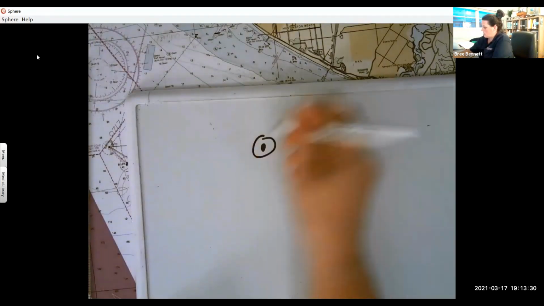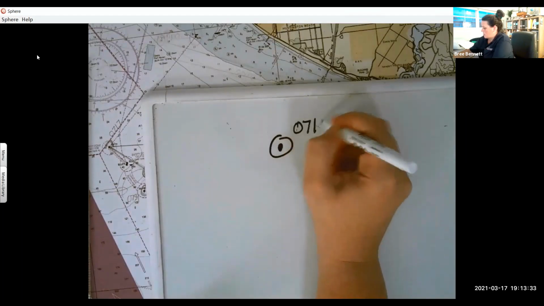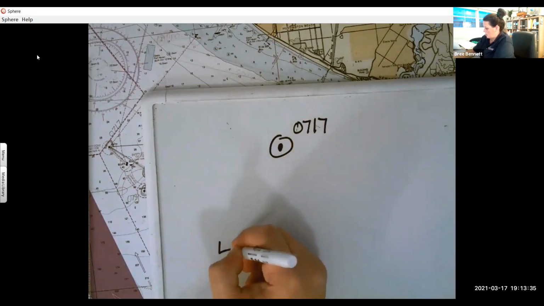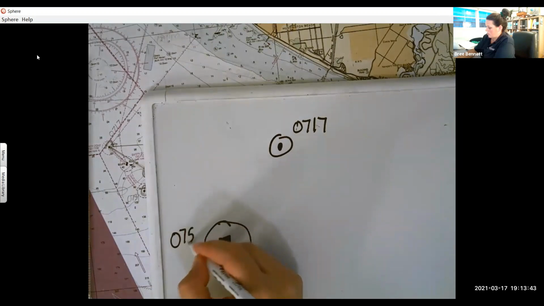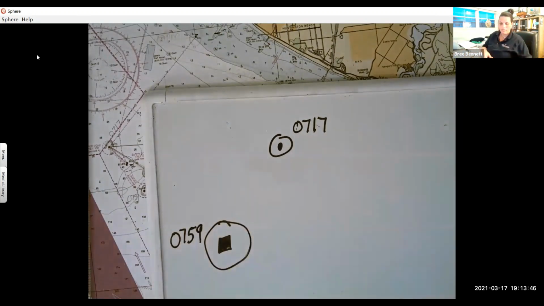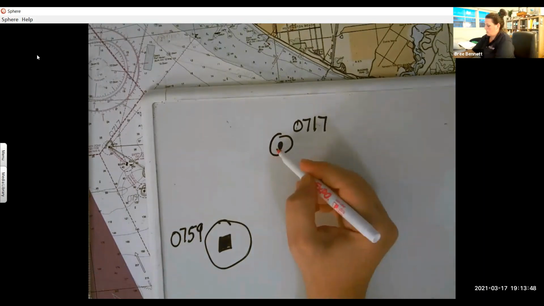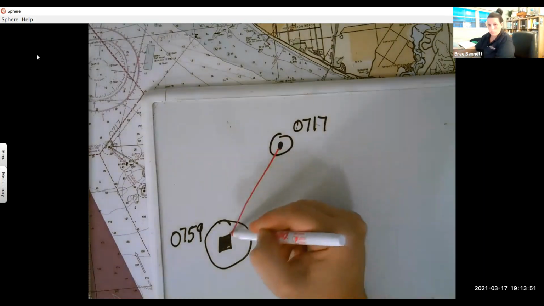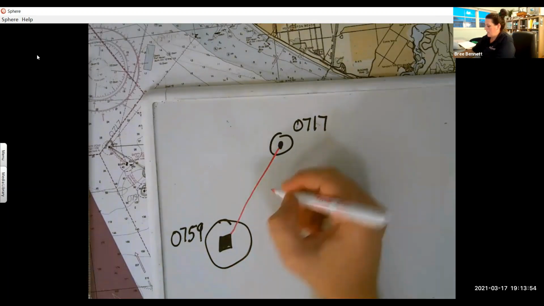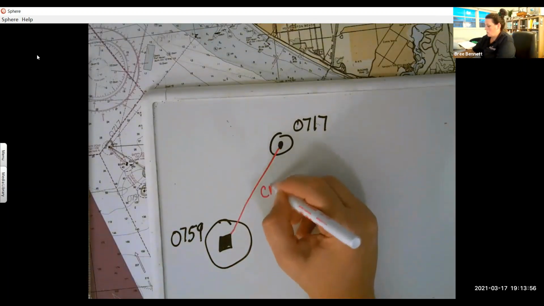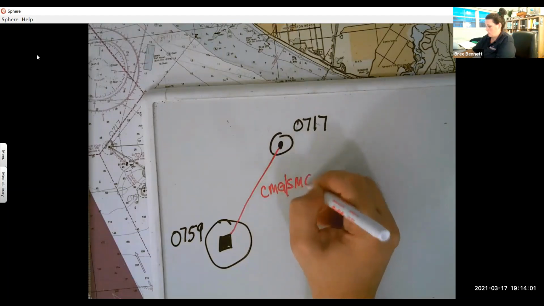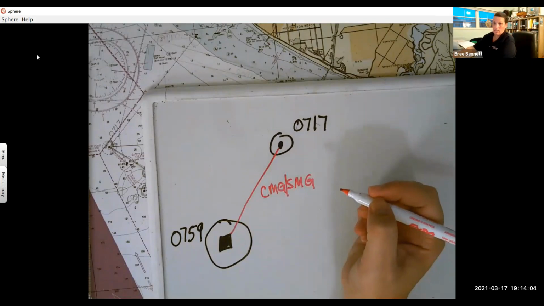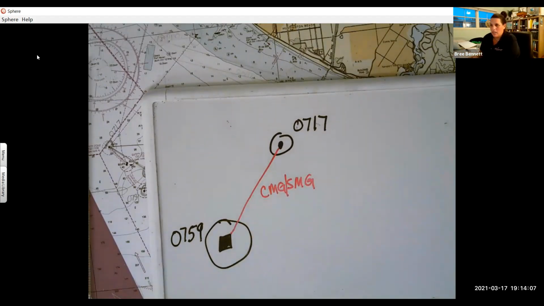So we had our position at 07:17, and then we got here at 07:59. So we went directly there as our course made good, speed made good line. What does our boat's line look like?